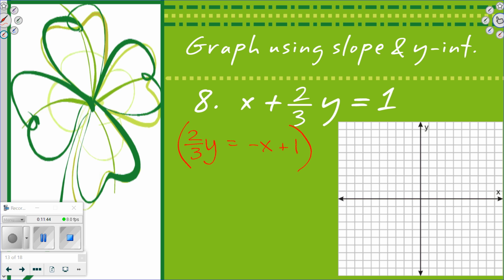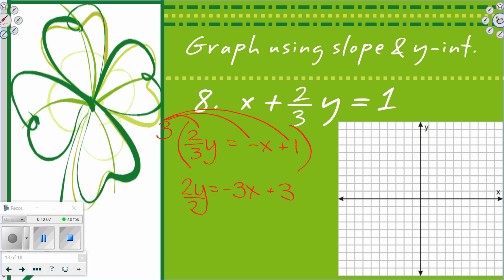If you're comfortable dividing by 2/3, by all means, go right ahead. Me personally, I'm going to multiply everything by 3. Because 3 divided by 3 is 1, times 2 is 2y. 3 times negative x, negative 3x. And 3 times 1 is 3.